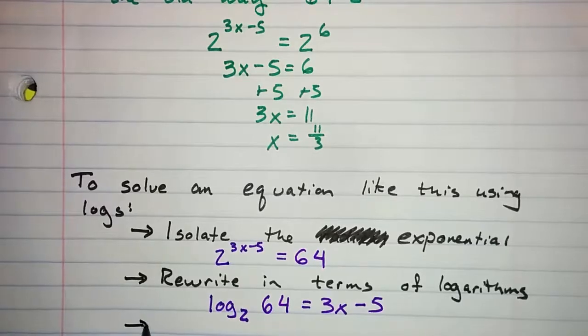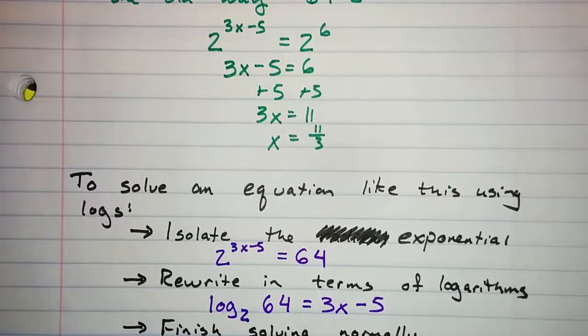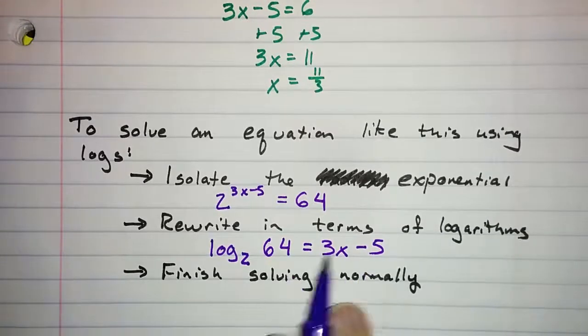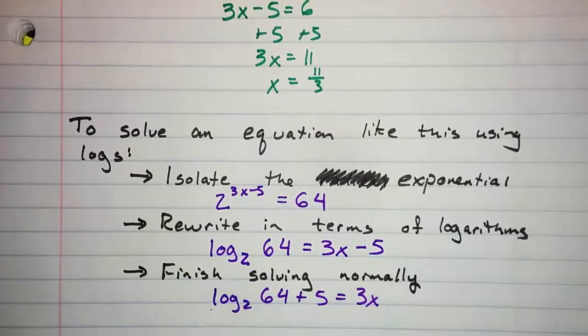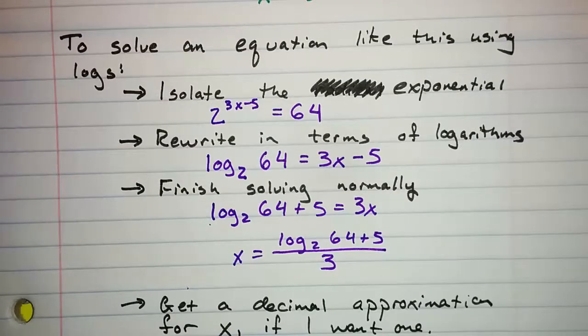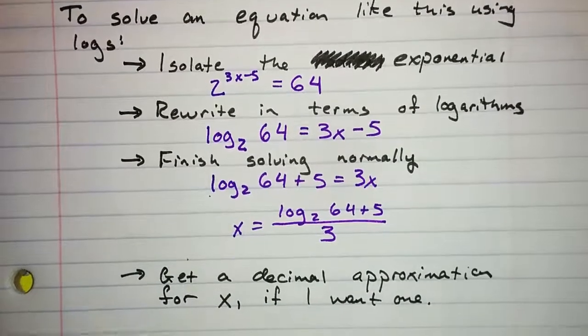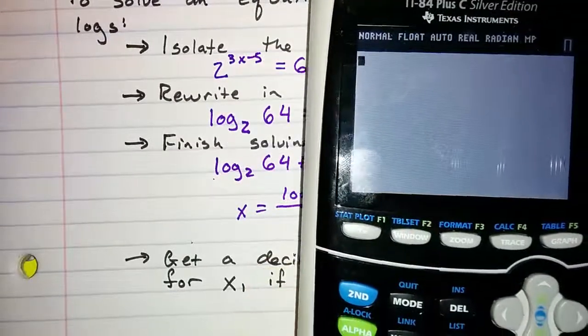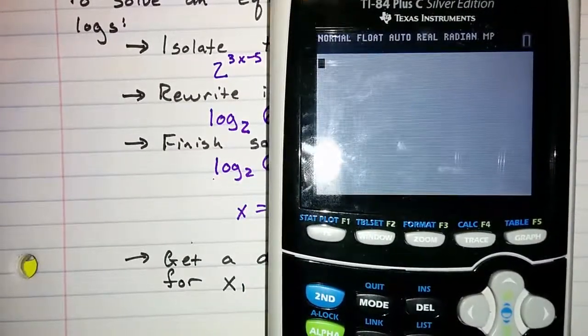And now we finish solving. For the moment, I'm going to leave the logarithms sit. I'm going to add 5 to both sides. I'm going to divide both sides by 3. And then I'll get a decimal approximation for x if I want one, and I do in this case. First, I'm going to find the log base 2 of 64.